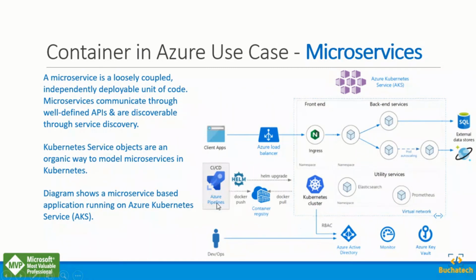And then over here, you have your CI/CD process, right, with Azure DevOps. And this is how you develop the code and you push it up into Azure DevOps, and you have a process to push that code into container registry and basically deploy that into your Kubernetes cluster, right?